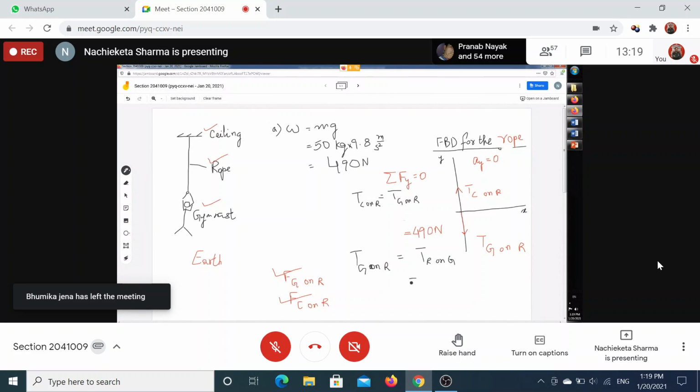And that is 490 Newton. So T R on G we have found out to be 490 Newton, so the T G on R is also 490 Newton.